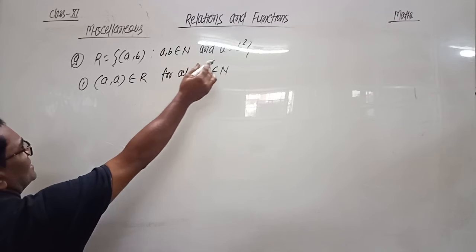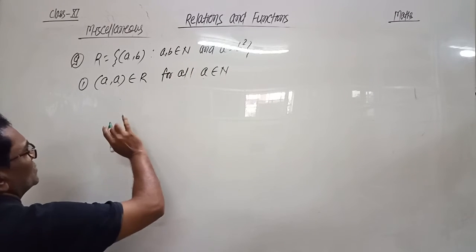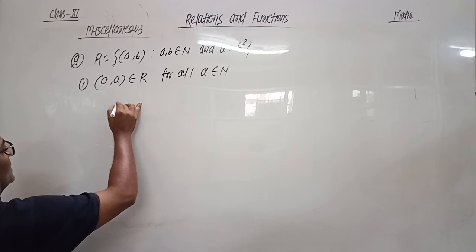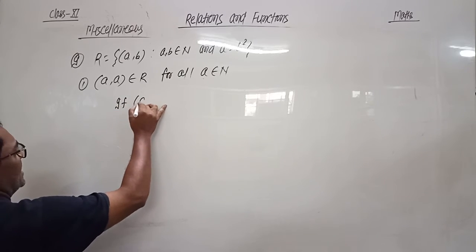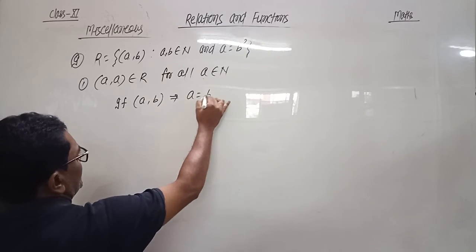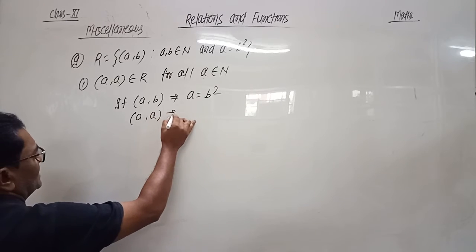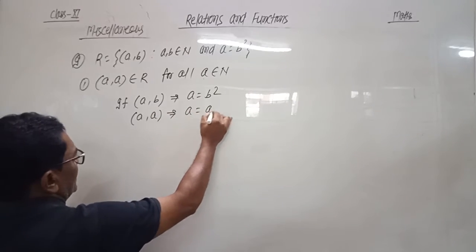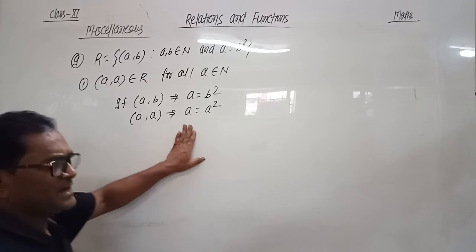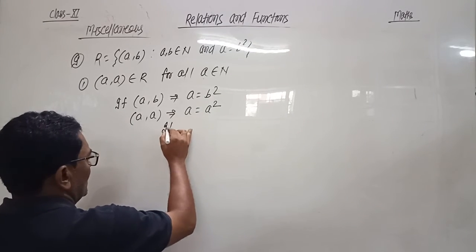So (A, B) belongs to R if A equals to B square. Then (A, A) implies A equals to A square. So A can never be equal to A square.